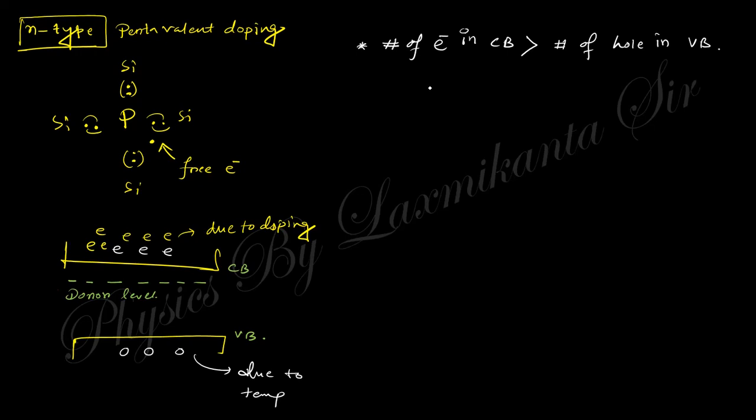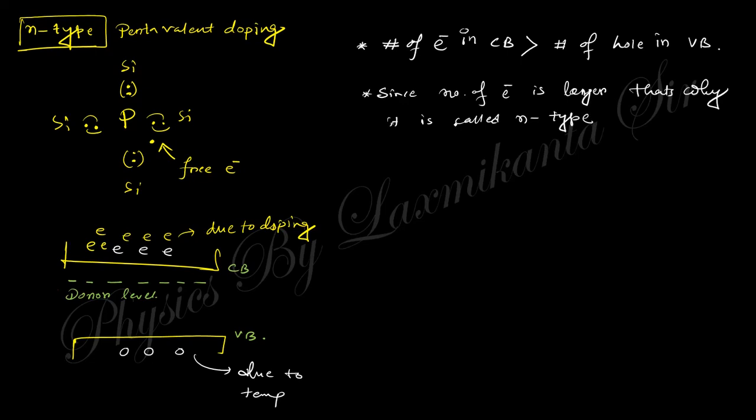Since the number of electrons is larger, that's why this is called n-type. And since the number of electrons is greater, the electrons are the majority carrier here.